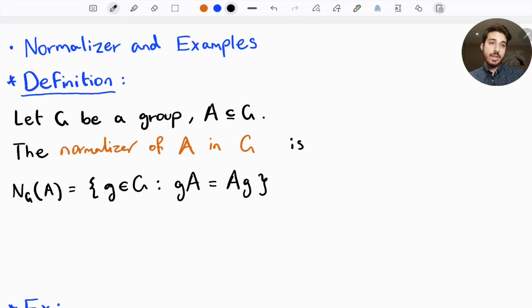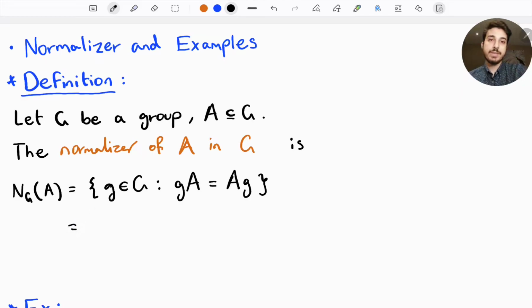So here, instead of saying G a is equal to a G for every element a, we're saying G times the whole set is equal to the whole set times G. We're being less restrictive in that sense.